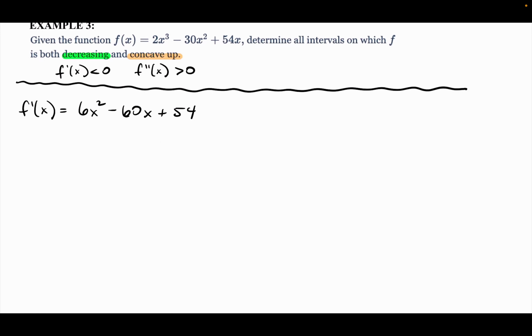Set it equal to 0. This actually has a GCF of 6, so I can factor out a 6 from everything, divide everything by 6 to make the numbers a little smaller.